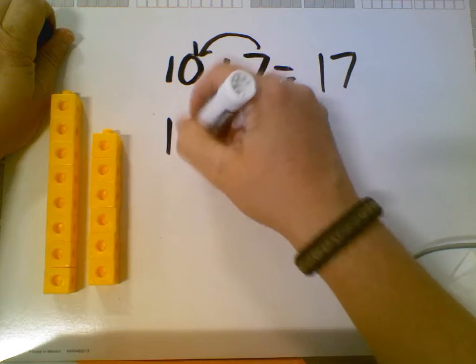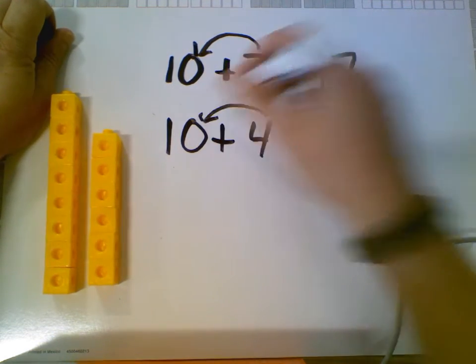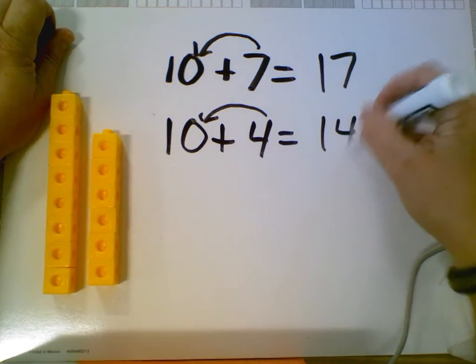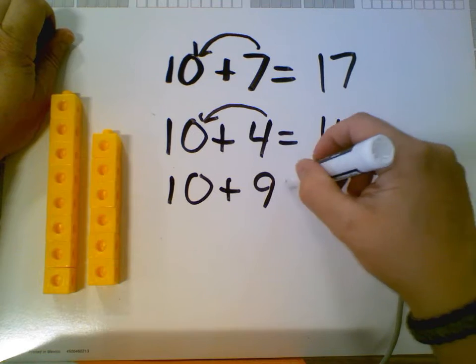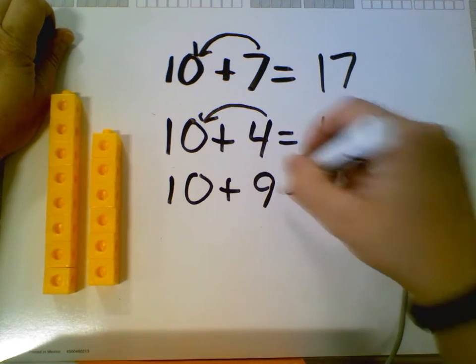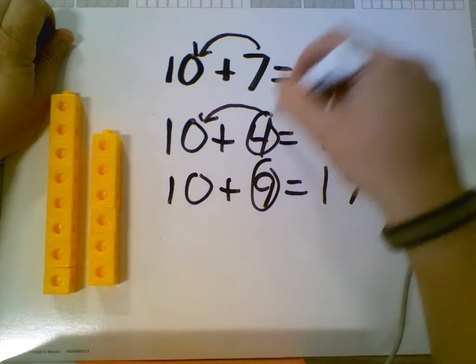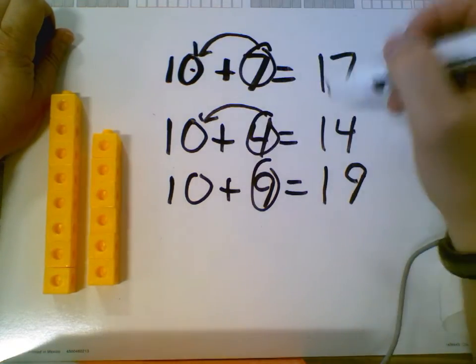If I was adding 10 plus 4, I know the 4 goes over the top of the 0 to make 14. 10 plus 9, that's right, it's 19. This addend just takes the place of the 0 in 10.